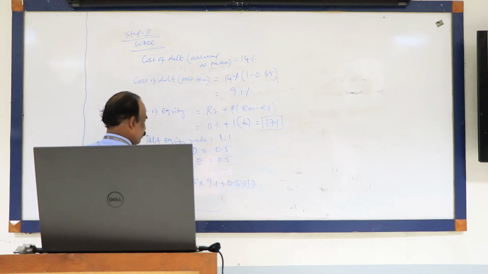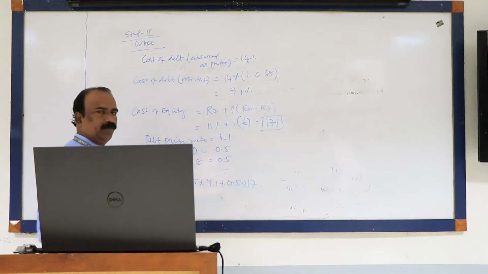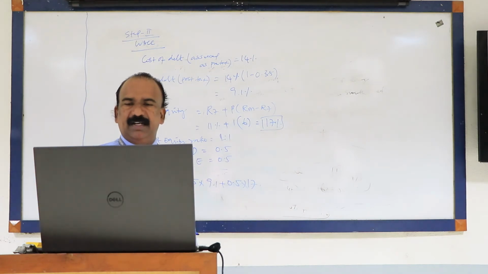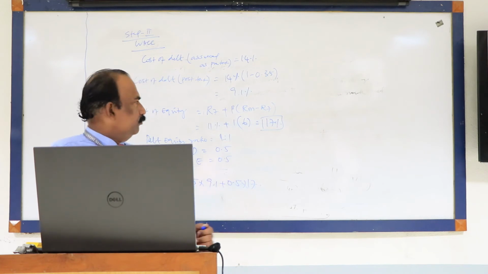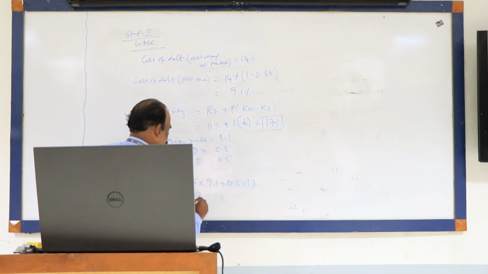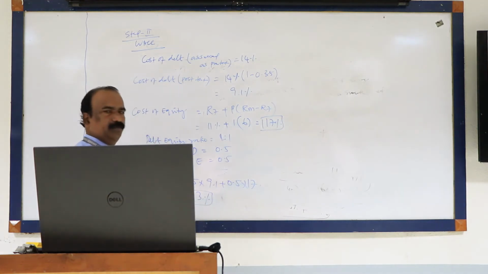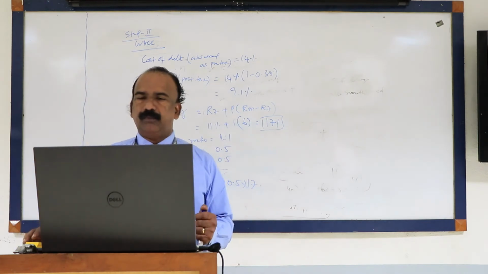How much comes? 13.05. So you can put 13%.